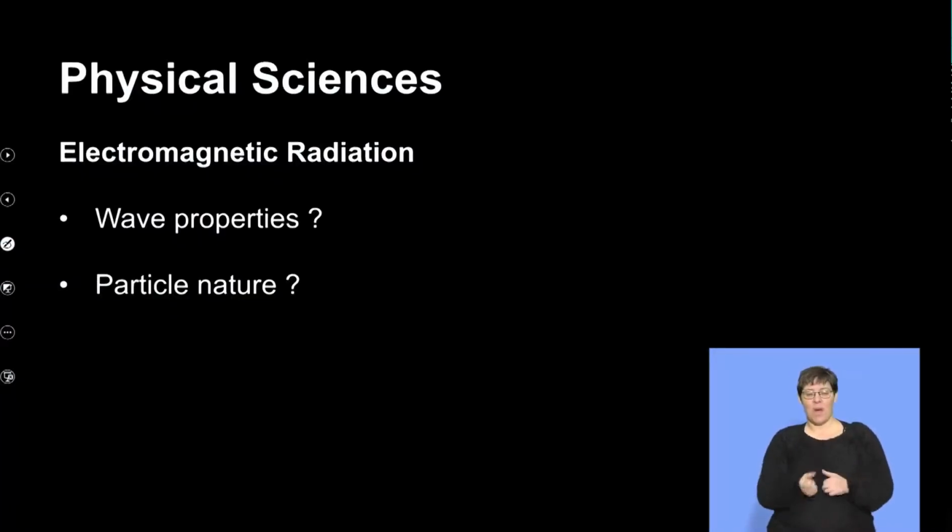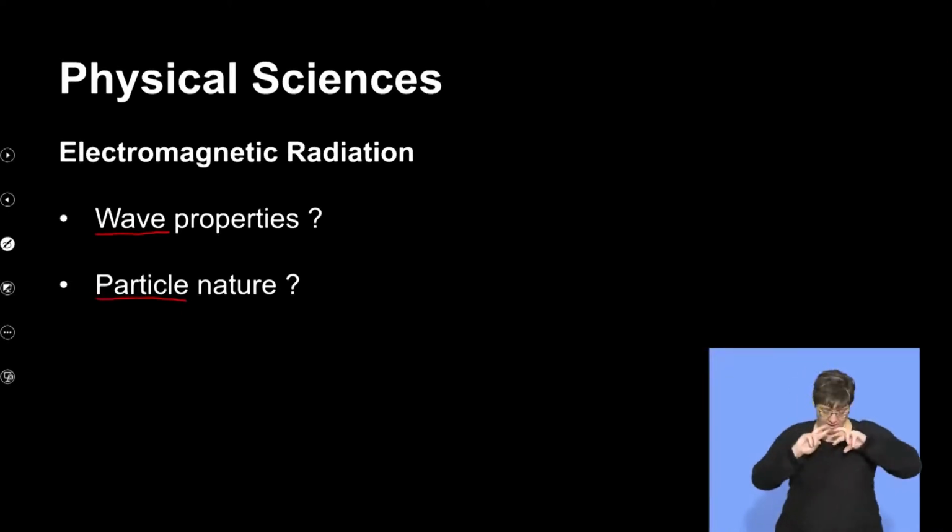For us to better understand the electromagnetic spectrum and radiation, we need to pose ourselves two important questions. Does electromagnetic radiation behave like a wave, or does it behave like a particle? This question and this dual nature of electromagnetic radiation forms the basis of a lot of scientific debate and will form the basis of a lot of the investigative work we'll be doing in this section.